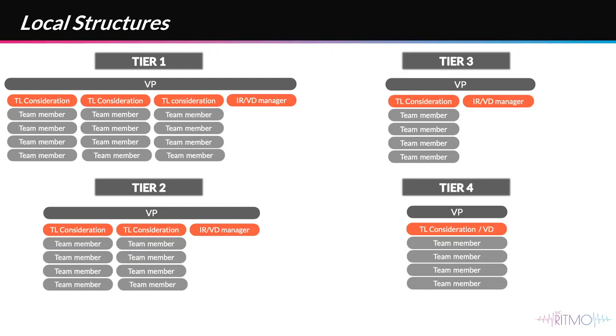Tier 2 has still a VP but with 2 TLs, an IR value delivery manager, and 4 members for each team. Finally, tier 1 has still a VP but 3 teams with 3 team leaders, each team leader has 4 team members, and still the IR value delivery manager.